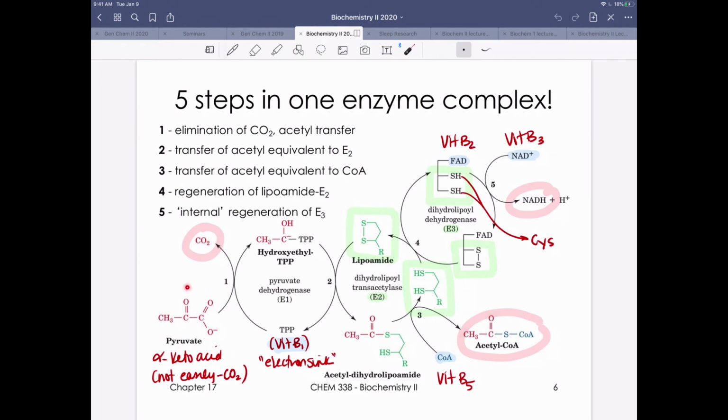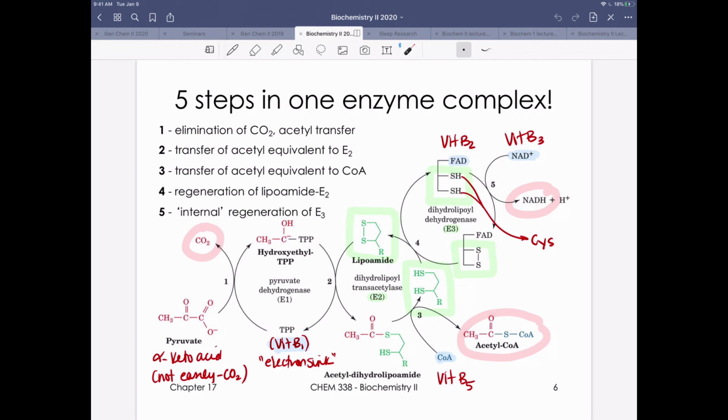So pyruvate's going to come into the E1 enzyme subunit. Pyruvate, being an alpha keto acid, is not going to be easily decarboxylated without TPP. So TPP is part of the E1 subunit. And so the first thing that happens in step 1 here is we have the loss of CO2 from pyruvate, and then the other 2 carbons are transferred to TPP as that hydroxyethyl group.